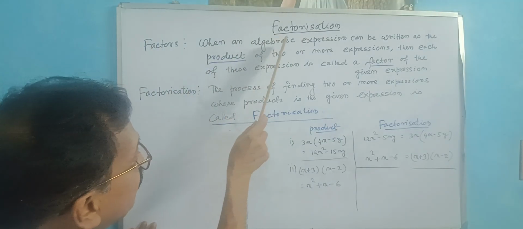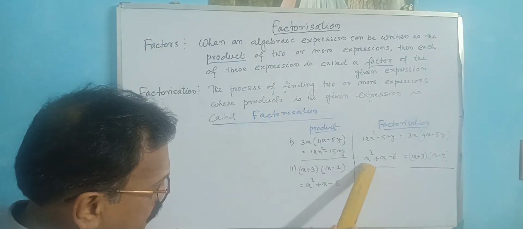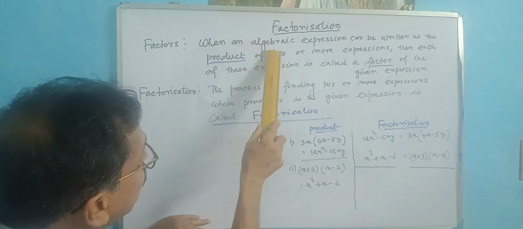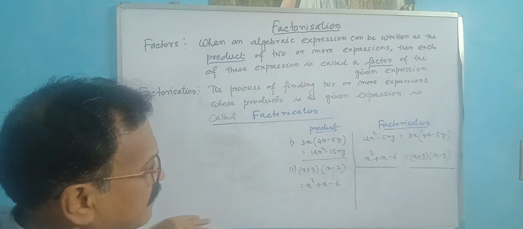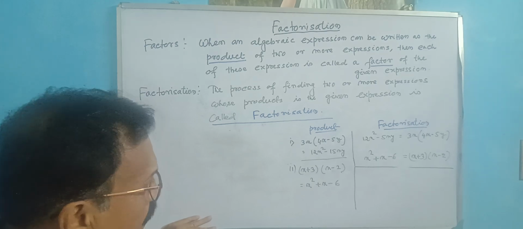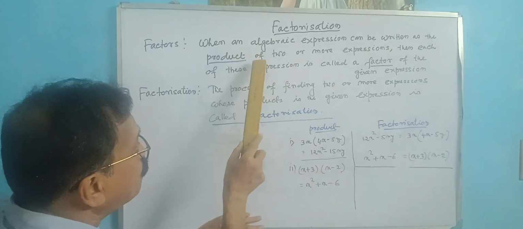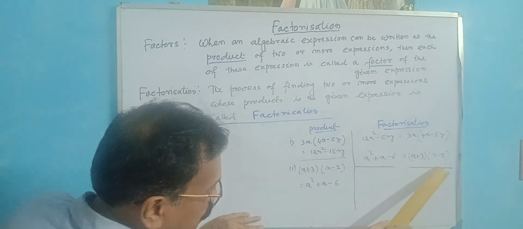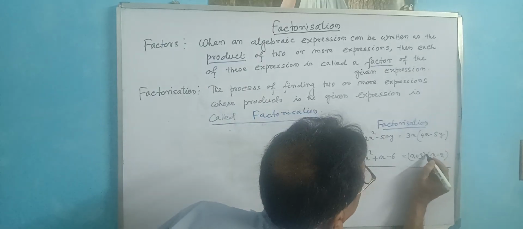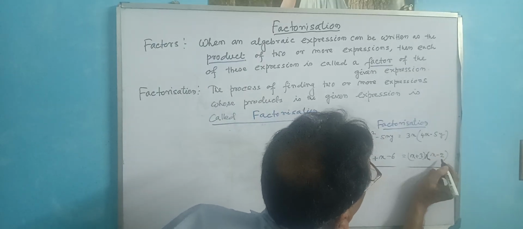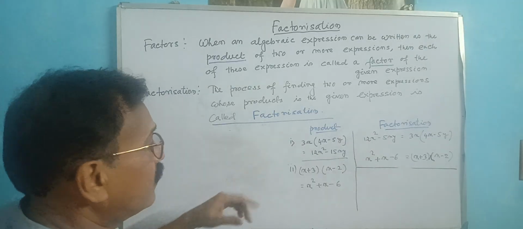When an algebraic expression, suppose this x square plus x minus 6, is an algebraic expression, can be written as the product, here is actually the multiple relation, x plus 3 multiplied with x minus 2. Okay, so understand very carefully.